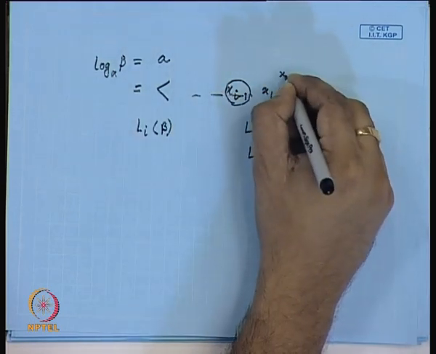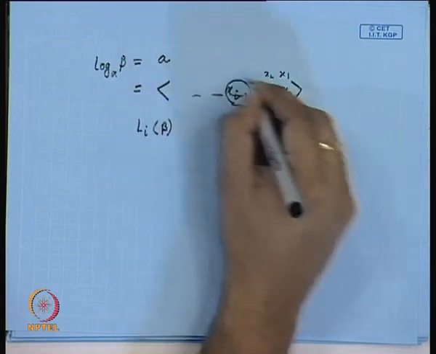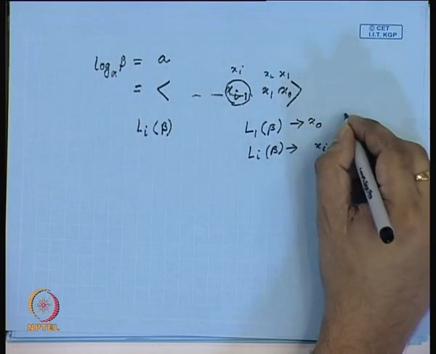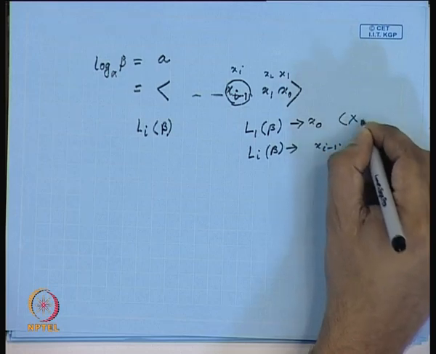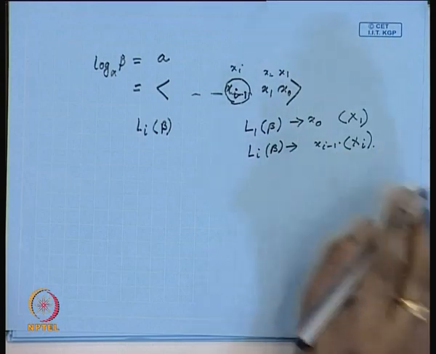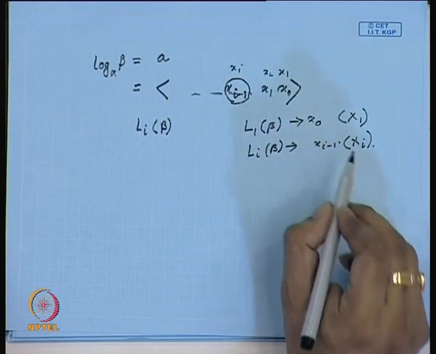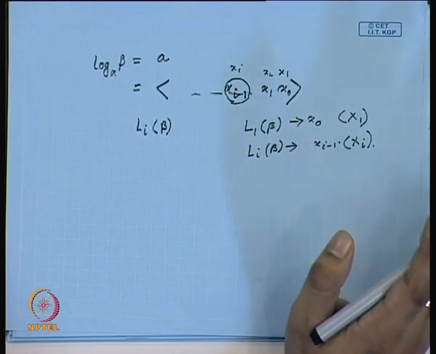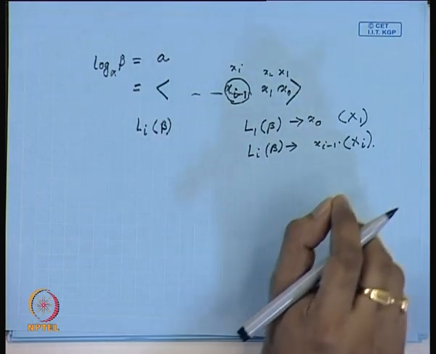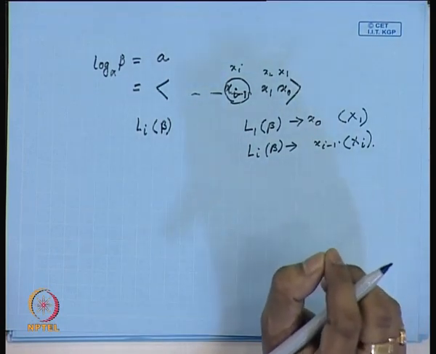You can also number it from x1, x2 and so on, just to avoid confusion. So L1 beta refers to x1 in that case, and xi minus 1 refers to xi. That is just to avoid confusion of the indices. Anyway, the problem is to compute the ith least significant bit.